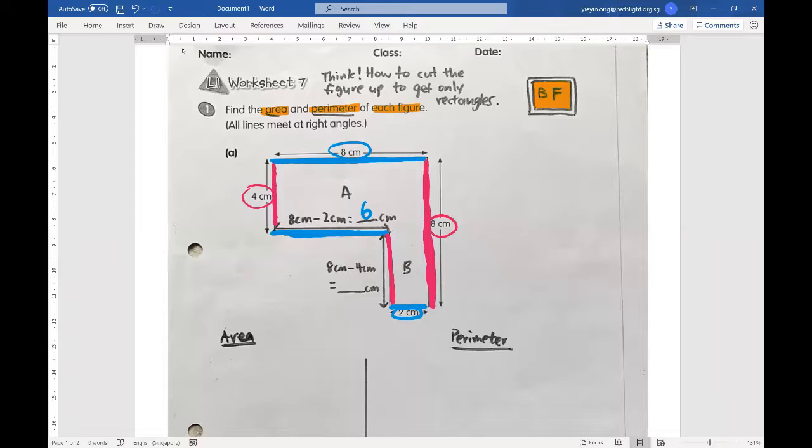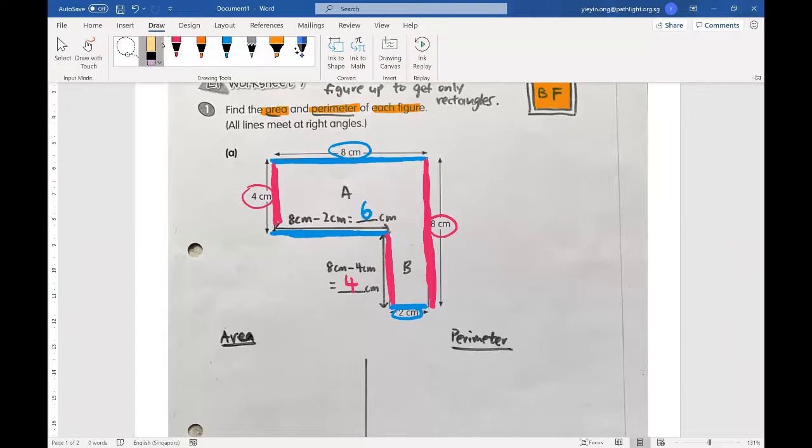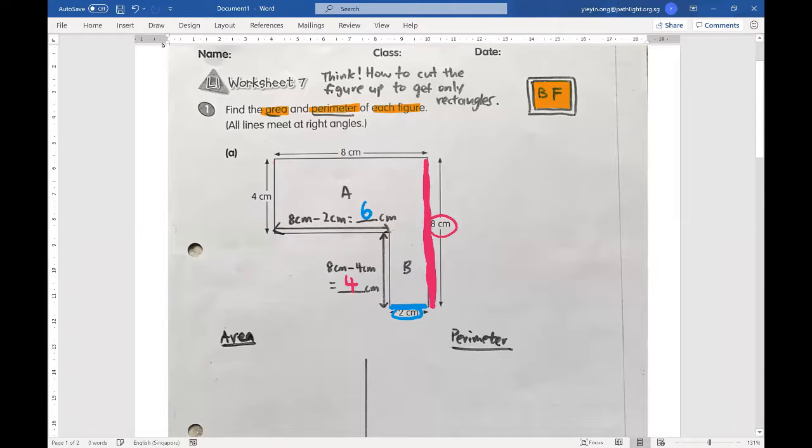So this whole side, 8 centimeter, is made up of one part, 4 cm, and the other part, question mark. To find question mark, I will need to take 8 cm minus 4 cm. That will give me 4 cm. Now I'm going to erase all these highlighted parts because it's going to get a bit messy later.